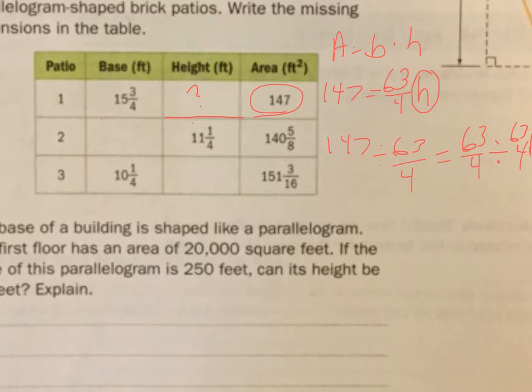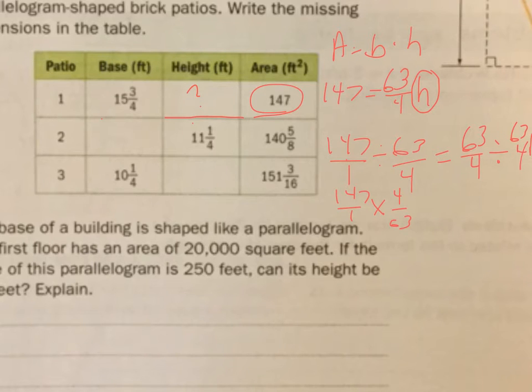Now, the way you divide, I'm going to make this into a fraction like that. The way you divide fractions, hopefully you remember, it's 147 over 1. Keep, change, 4 over 63. Now, I can just multiply them.